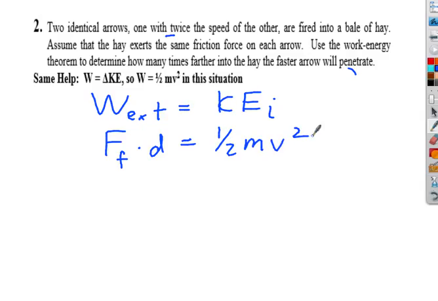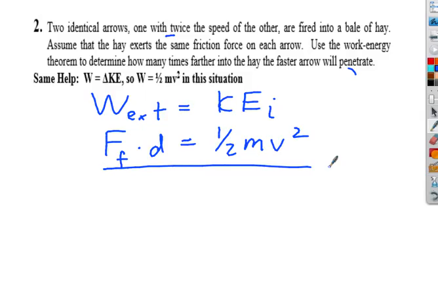How do I figure this out? I want to know how many times farther in the second arrow that goes twice the speed will go. How I always approach these problems, and how I would encourage students to approach them, is we're going to eliminate anything out of this formula that is a constant in both situations.